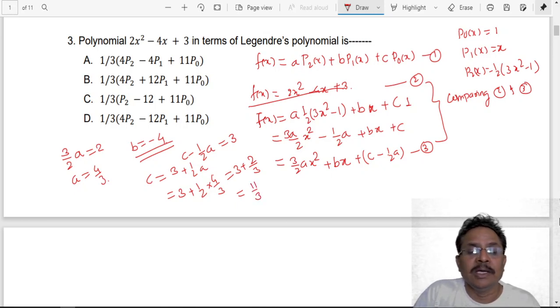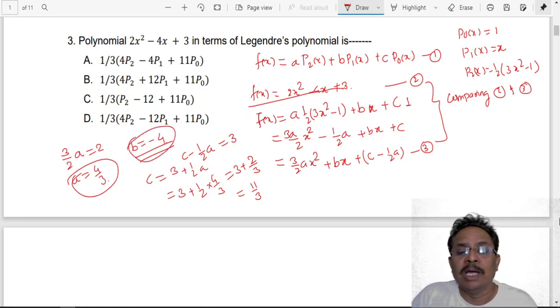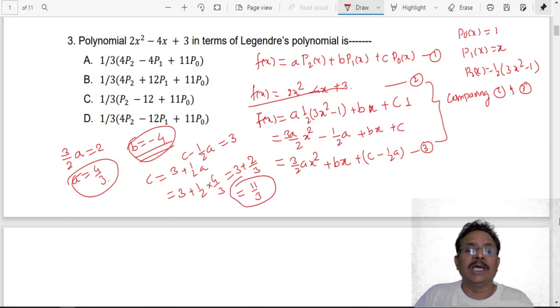So thus I got a is equal to 4 by 3, b is equal to minus 4, and c is equal to 11 upon 3.